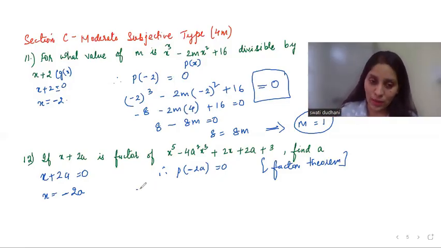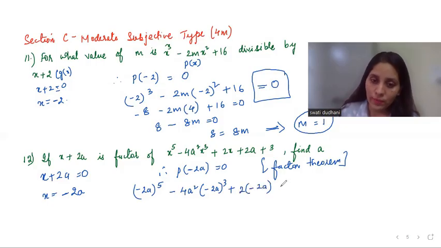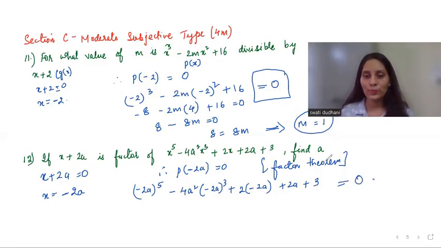Now substitute: minus 2a whole power 5 minus 4a square into minus 2a whole cube plus 2 into minus 2a plus 2a plus 3 equal to 0.